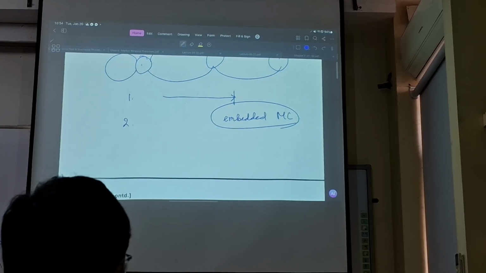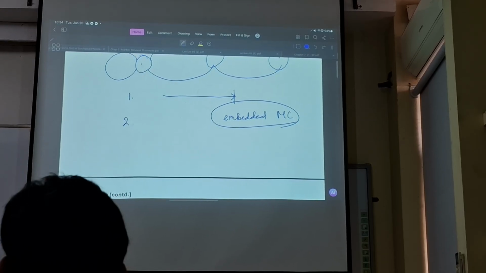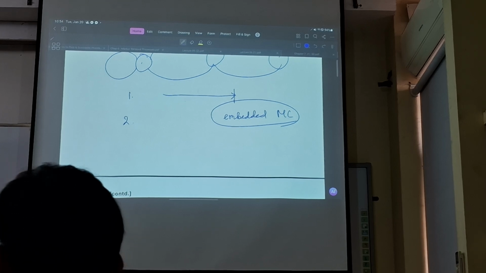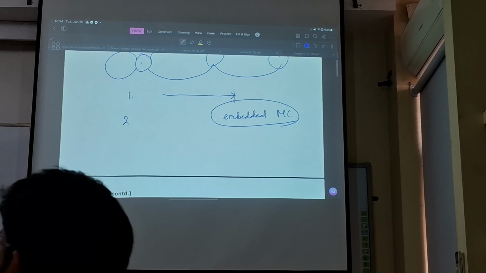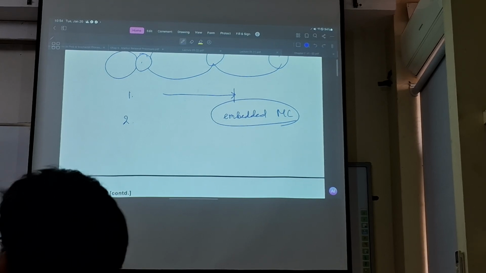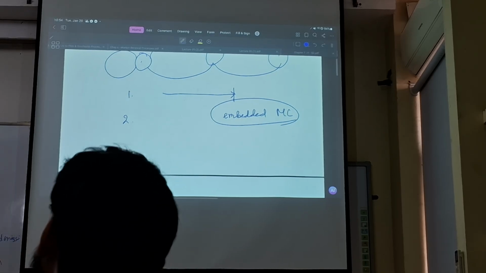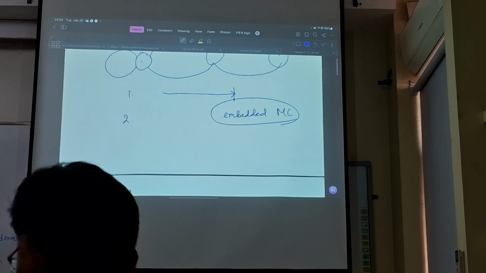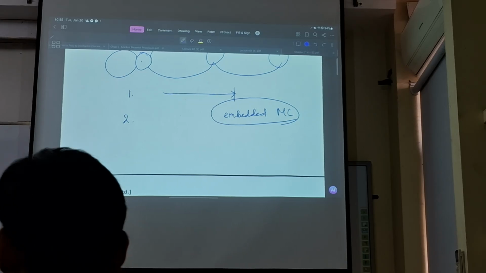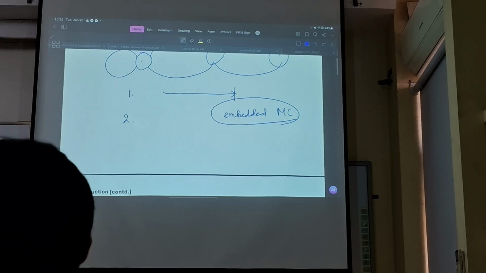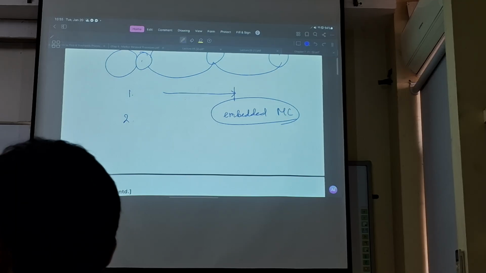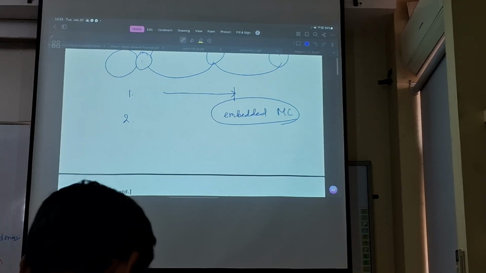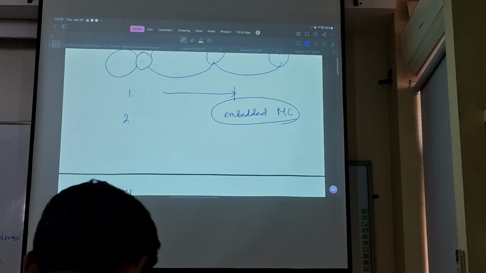When the service time and the uptime are exponentially distributed, then by solving the continuous time Markov chain, we can calculate the fraction of time the machine is up in the long run and the fraction of time the machine is down in the long run, right? By solving the steady state probabilities, the stationary probabilities.